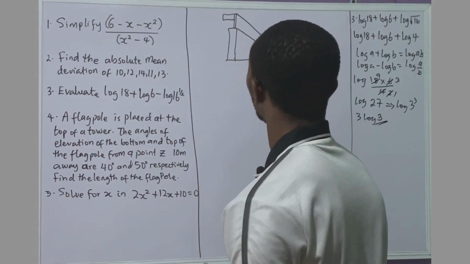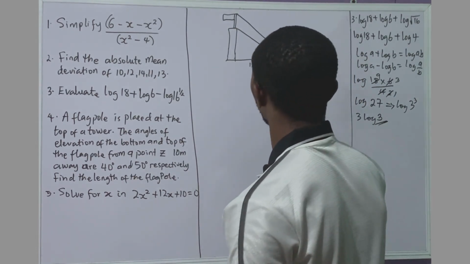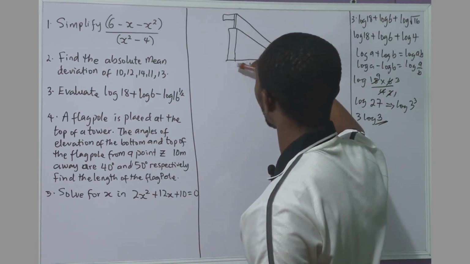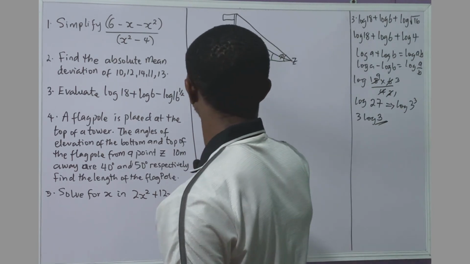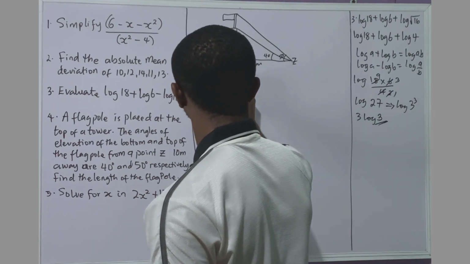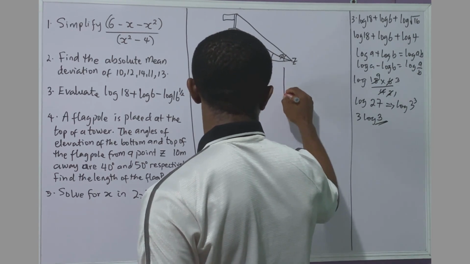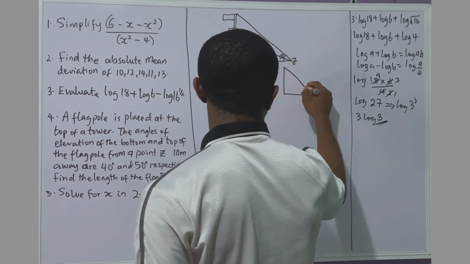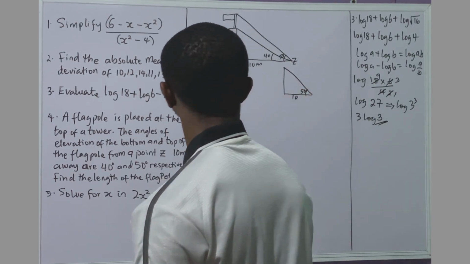So we are having two diagrams. Now we need to find the entire length and the length of the flagpole. So let's bring it out in two forms. We have this 40 and 10, and we have the second one, 50 and 10.